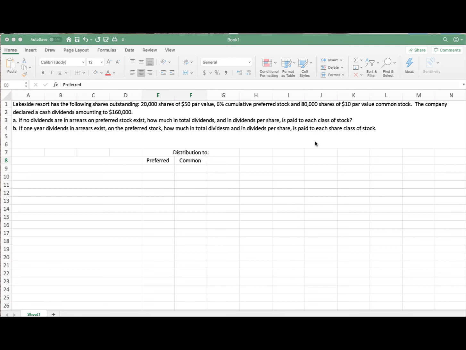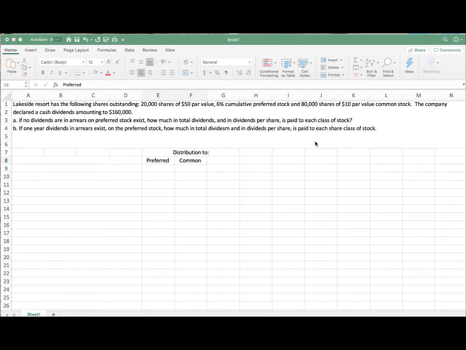Lakeside Resort has the following shares outstanding. They have 20,000 shares of $50 par value, 6% cumulative preferred stock. They also have 80,000 shares of $10 par value common stock.